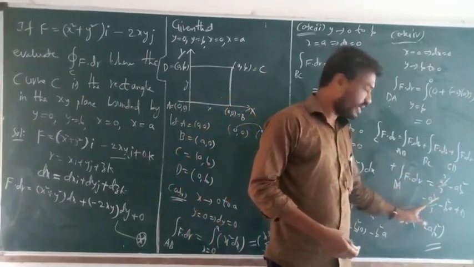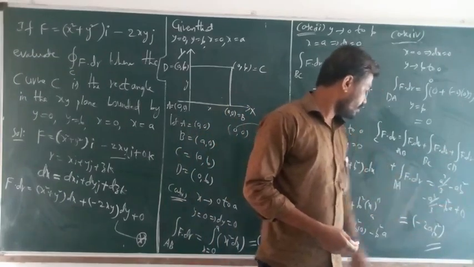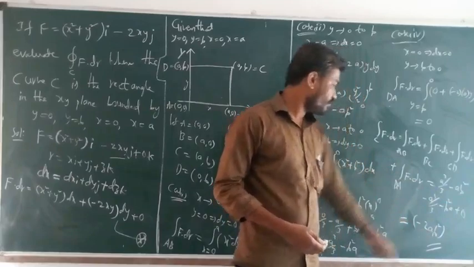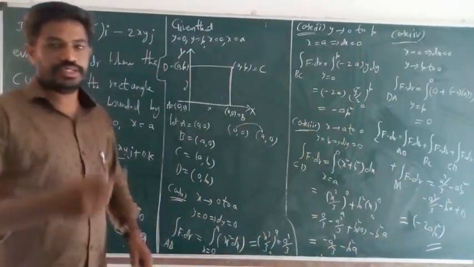So a cube by 3 minus a cube by 3 cancels, and minus a b square minus a b square is minus 2a b square. This is the final F dot dr value.